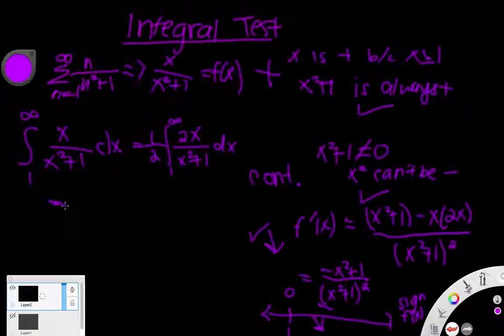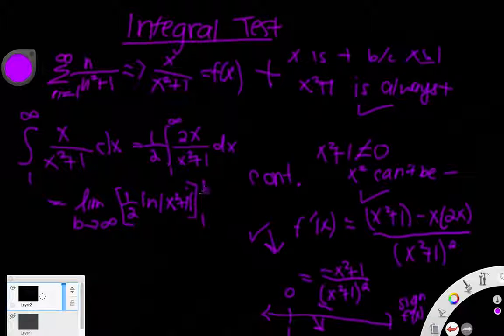And that is the limit as b approaches infinity of 1/2, you can take out the 1/2 if you want, I'm just going to include it because it looks better in my opinion, of natural log of x squared plus 1 from 1 to b. I use b because this is an improper integral, since it goes to infinity. But you'll get the same answer if you don't. This is just the proper notation.